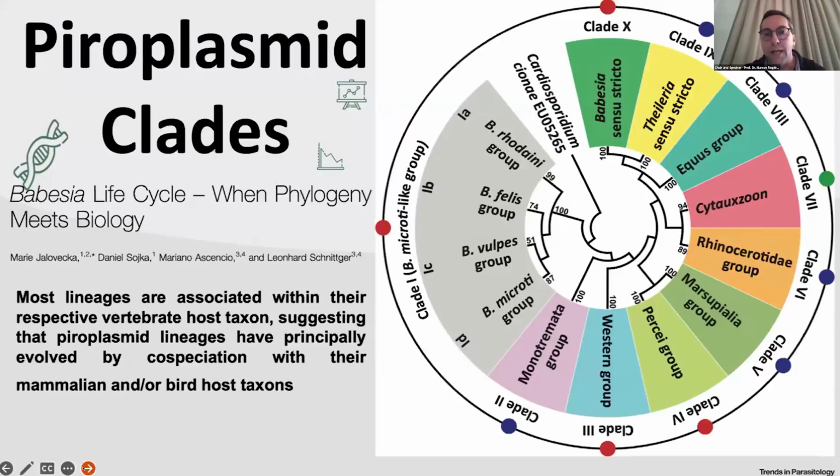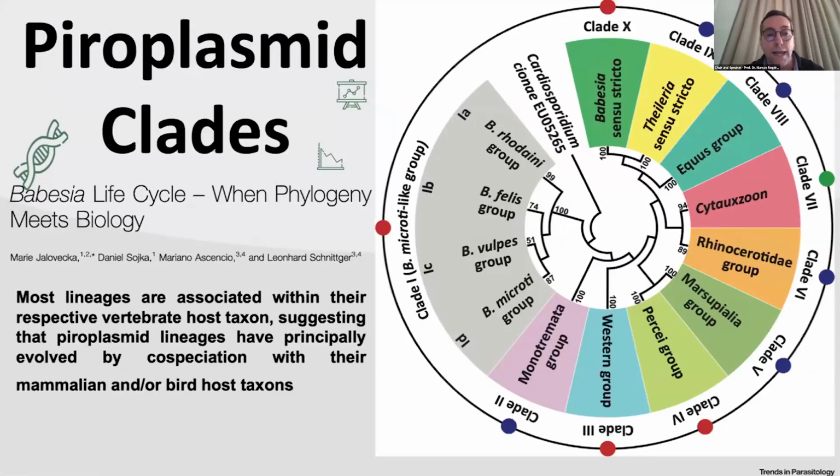Today, I'm going to try to show you what we have been doing regarding the expansion of this piroplasmid clade. They classified the piroplasmid clades into Babesia sensu stricto, Theileria sensu stricto, Theileria equi group, Cytauxzoon, Rhinoceratid group, Marsupialia group, Western group, Monotremata group, and the Babesia microti group, which represents clade 1.